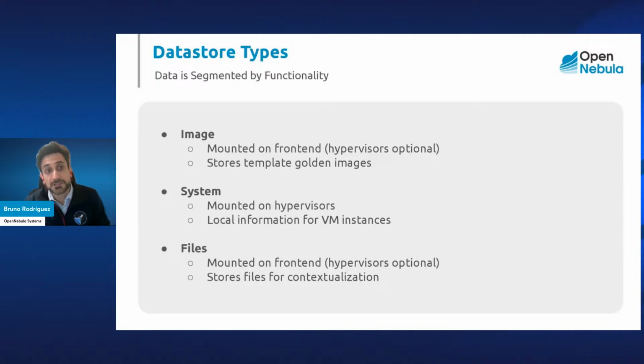Mainly these two. After that, we also have the files data store. The file data store is normally for files that we want to contextualize, that we want to mount, that we want to have available on the virtual machines at the moment that they are deployed. The image data store is normally mounted on the front end, which is the one that will deploy the virtual machines.